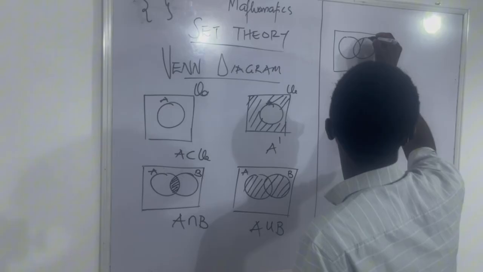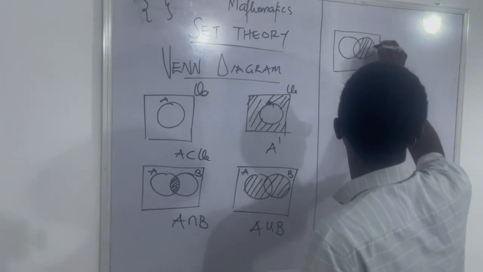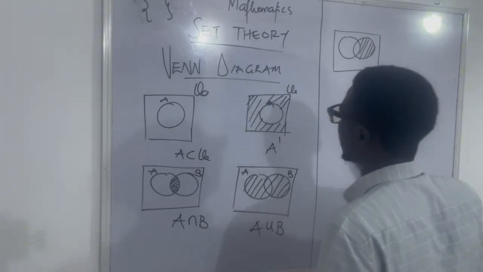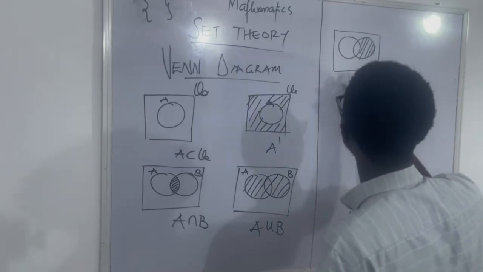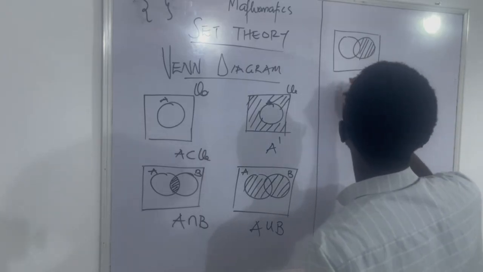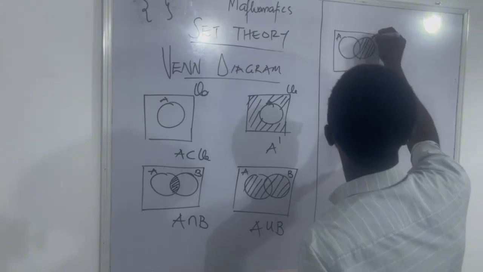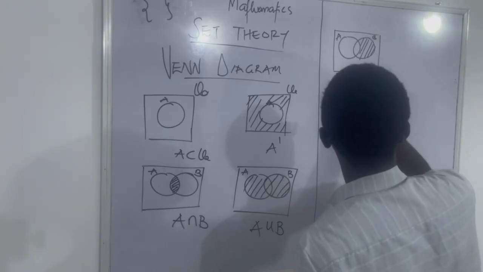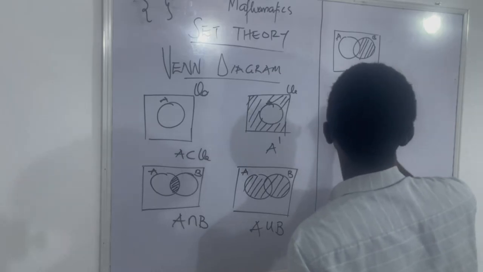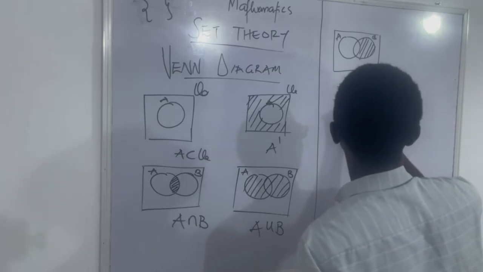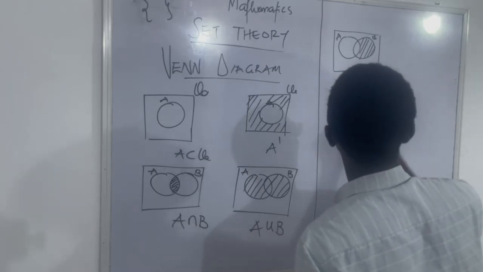Now let's say this A, this B. This is only A. I call this thing only A. So that's A intersection B complement.